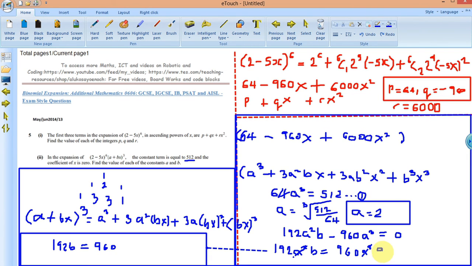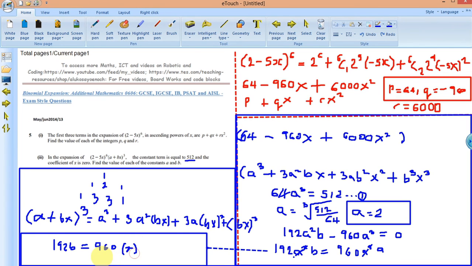A is 2. So I can conclude that b will be 960 times 2 divided by 192. So what is 960 times 2? 960 times 2 is 1920, divided by 192.